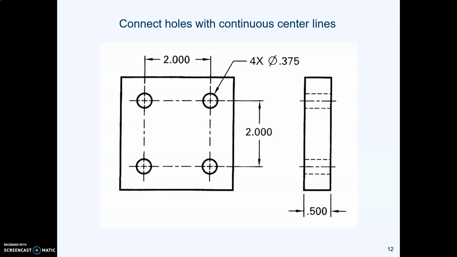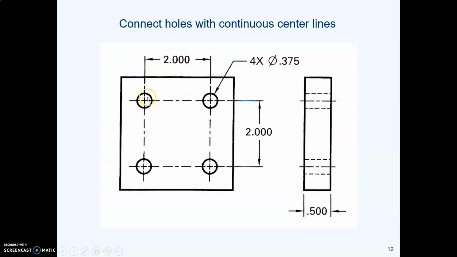Never assume anything. And if you just had these circles by themselves, and you put the 2-inch height on one side, the reader cannot assume that the other circles on the other side are also 2 inches apart. Maybe they are, maybe they're not. Maybe you forgot to dimension them. And likewise, the side to side.